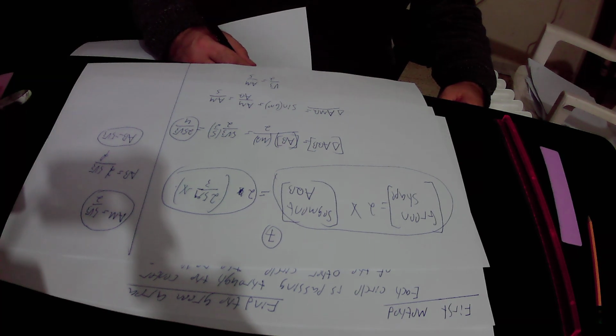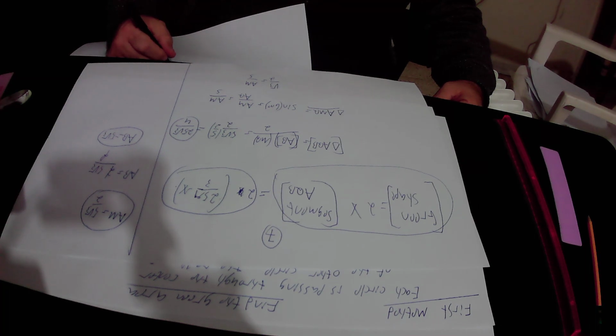So again, the area of the green shape equals 2 times the area of segment AQB. That is to say, it equals 2 times (25 pi over 3 minus x), and x is the area of triangle AQB, that equals 25 times square root of 3 over 4 square units.